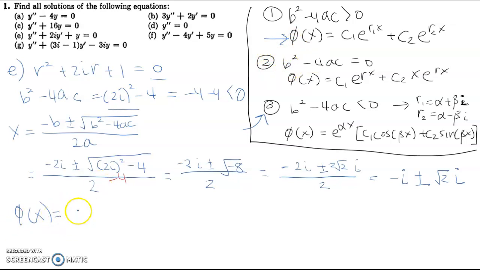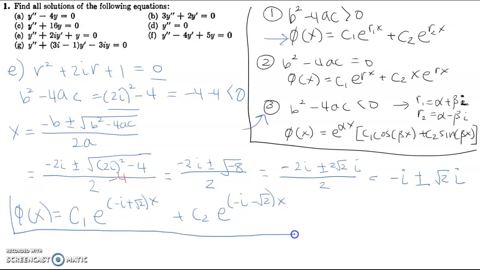And let me try doing that. So this is going to be c1 e to the power of negative i plus root 2 x, plus c2 e to the power of negative i minus root 2 x. I think this was the textbook solution, so we can keep this as our answer.